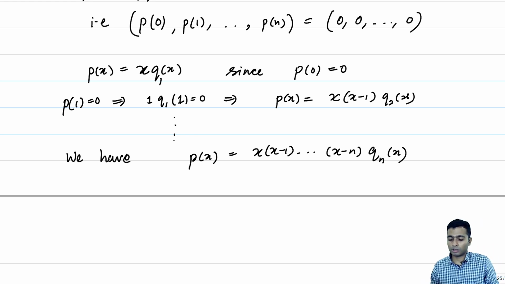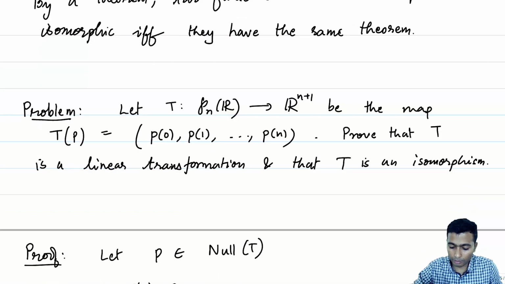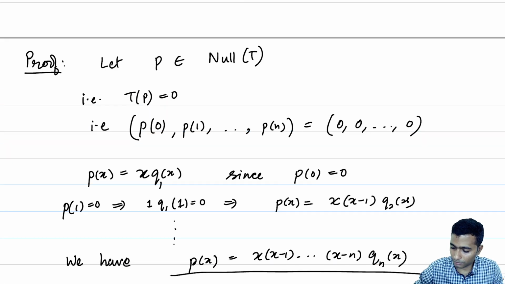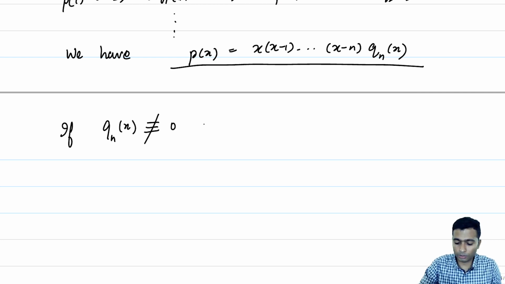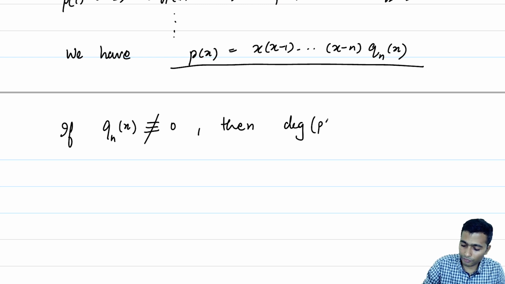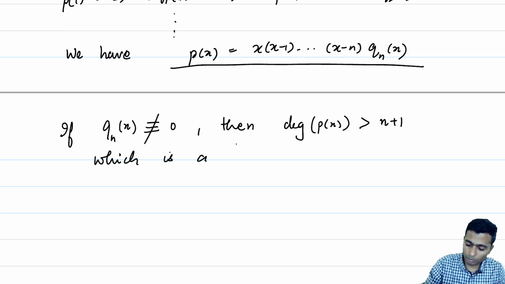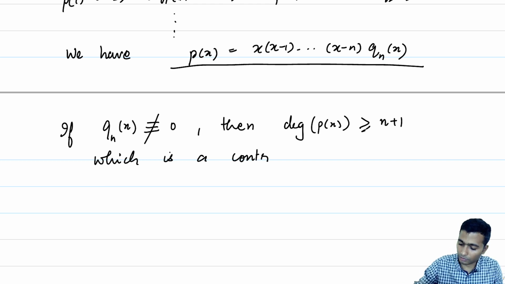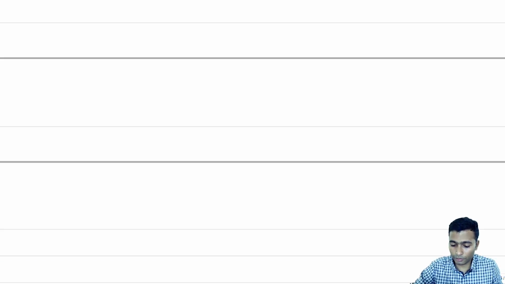But notice that this polynomial will have degree greater than or equal to n plus 1 if Qn of x is non-zero, and that will not be an element of Pn of R. So we need this element to be in Pn of R. So if Qn of x is not identically equal to 0, then the degree of P of x will be greater than n, which is a contradiction, since P of x to begin with was an element in Pn of R. And therefore, Qn of x is identically equal to 0.